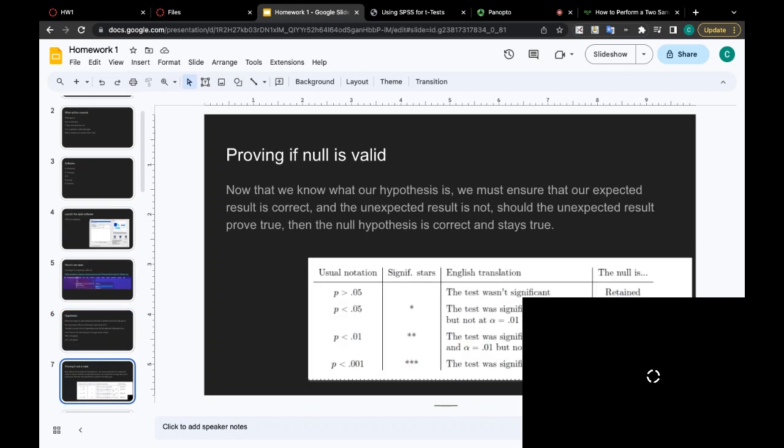Now, we have to determine whether the null is valid or invalid, whether we reject it or accept it. Now that we know our hypothesis, we must ensure that our results are correct and the unexpected result is not. If our unexpected result proves true, then the null hypothesis is not correct.